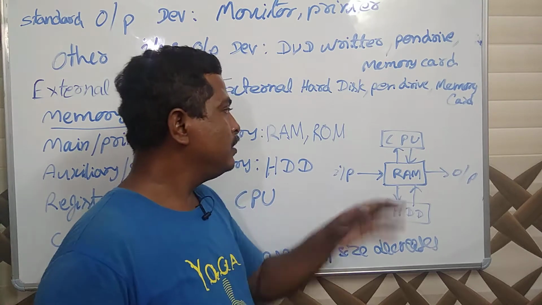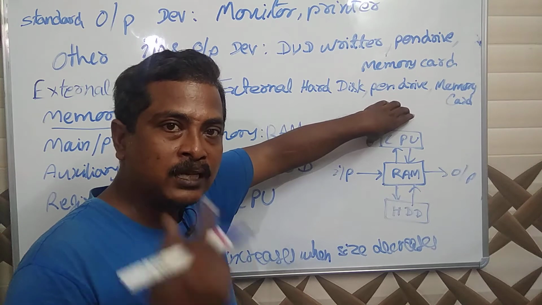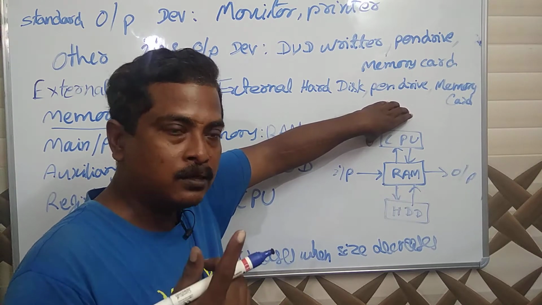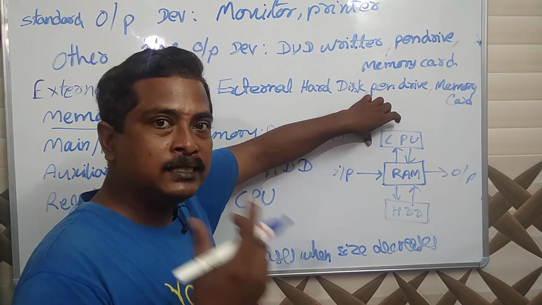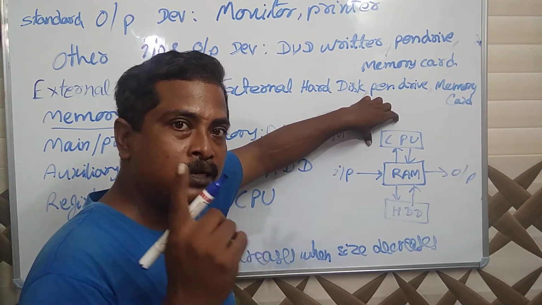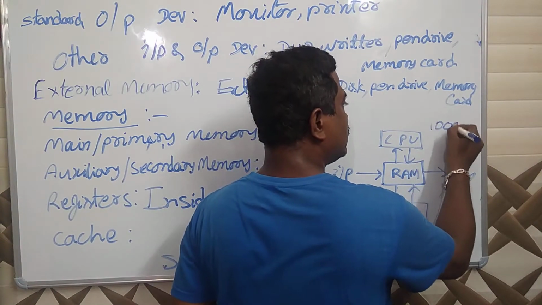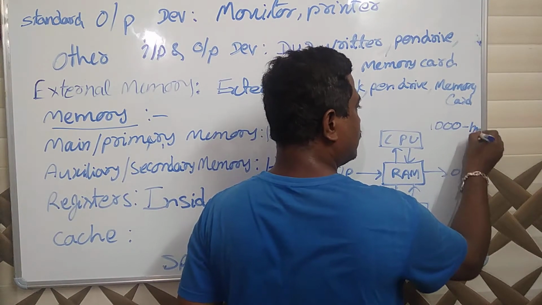What is the problem? These CPU registers are able to process 1000 data in 1 minute.